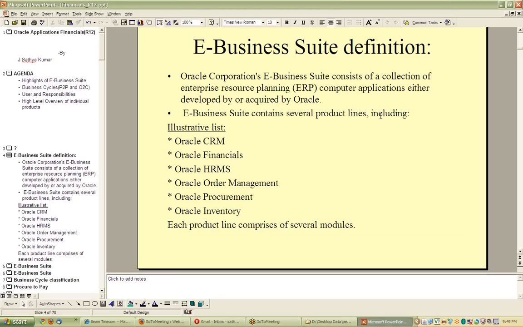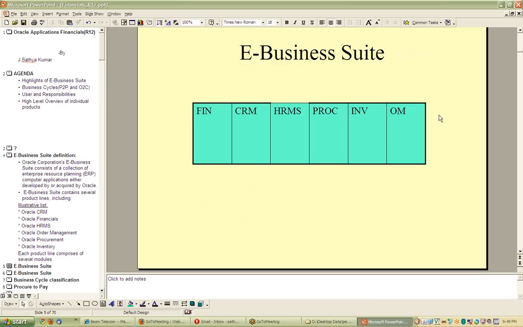So this e-business suite contains different product families. You will have a CRM product family, you will have a financials product family, HRMS product family, order management, procurement, inventory, and so on and so forth. Now, in short, you can assume that to be a Pandora box. Are you able to see my diagram here? Yeah. Okay. So we have different verticals here.